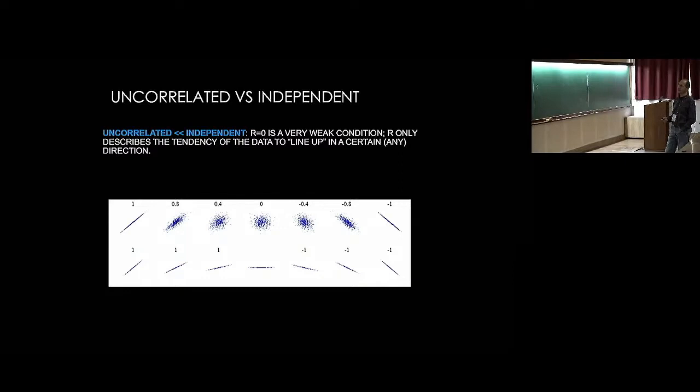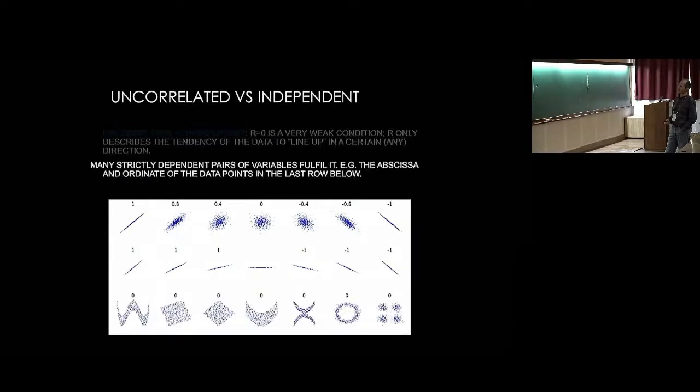You see, when you have a null correlation coefficient, the points spread out in a way that looks like one of the variables doesn't affect the value of the other. But you see that you can have cases when the correlation coefficient is 0, but there is a very striking dependence between the two variables.